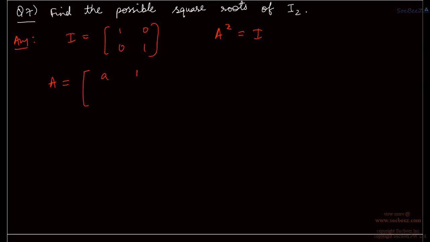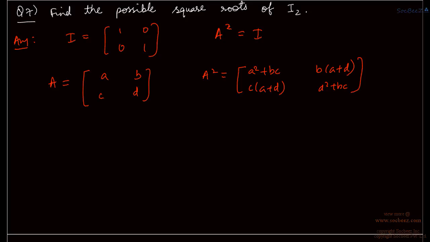So now that I have established that A is of order 2, I just take any general 4 elements a, b, c and d, and I try to find out what A square is. So A square is, it's simple, it's a square plus bc, b into a plus d, c into a plus d, d square plus bc.